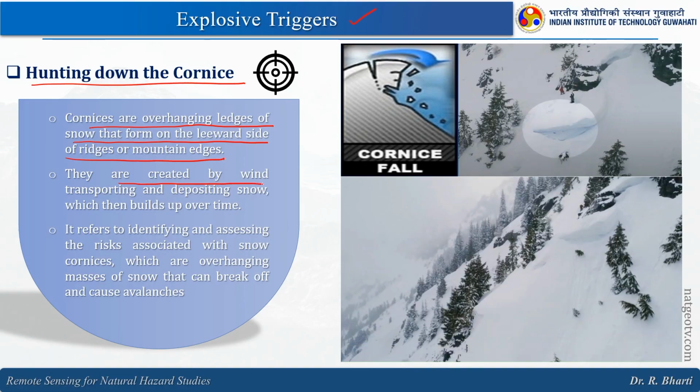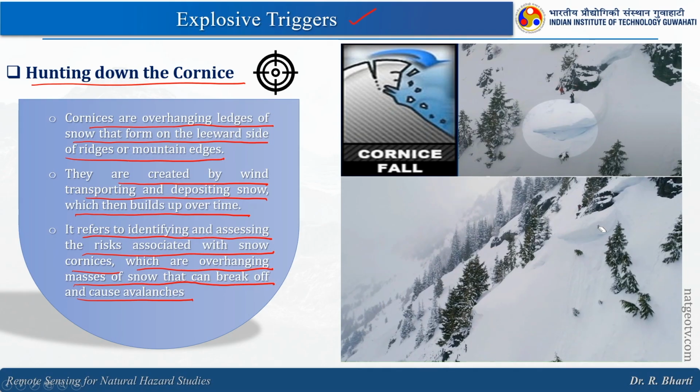They are created by wind transporting and depositing snow, which then builds up over time. It refers to identifying and assessing the risk associated with snow cornices, which are overhanging masses of snow that can break off and cause avalanches. Here we are going to have manual blasting to remove this. So, you can see.